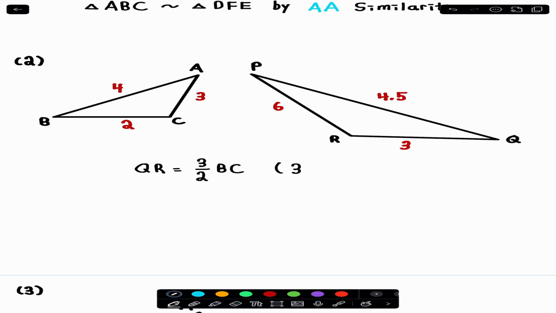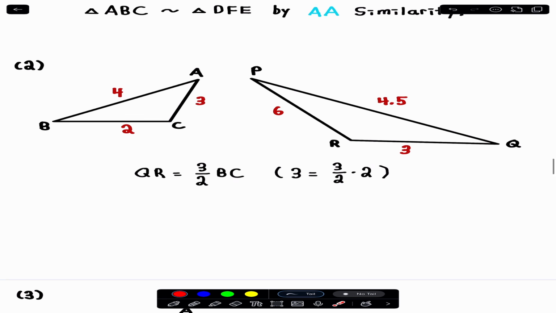Because 3 is equal to 3 over 2 times 2. This might look a little awkward at first, but it's just basic cancellation. So this is indeed equivalent. Basically you take side length BC, multiply it by 3 over 2, and you get 3.